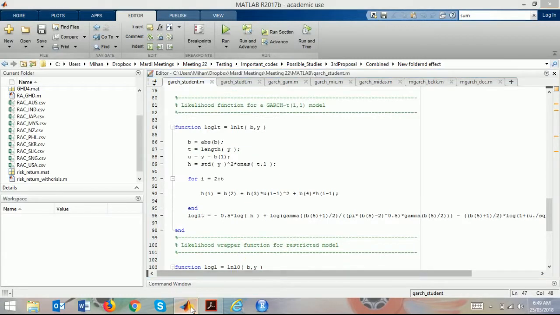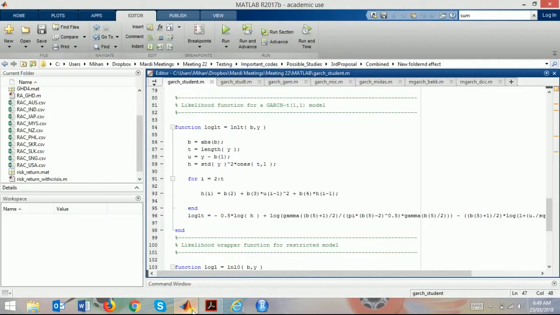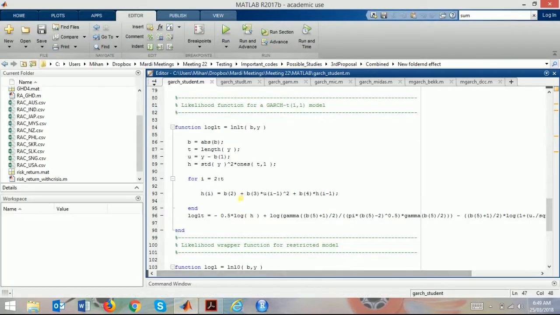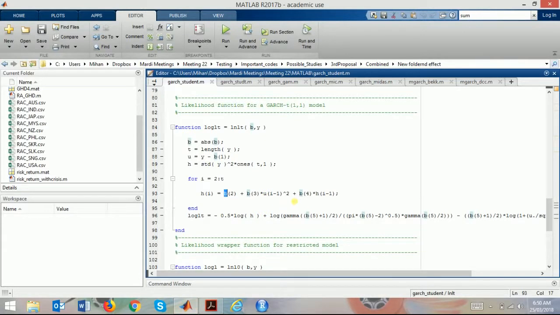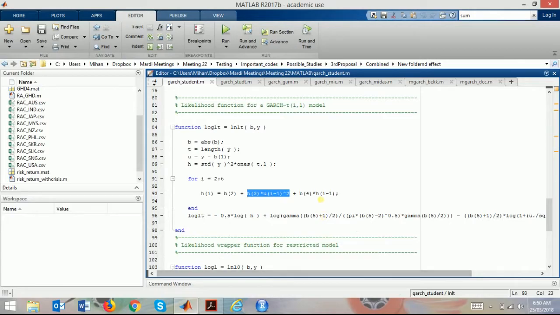Then obviously for i equals 2 to T, that is how it goes. Our GARCH estimate is beta 2, which is alpha naught, plus beta 3 times u(i minus 1) squared, plus beta 4 times h(i minus 1). So the ARCH parameter coming from the residual, and the GARCH parameter indeed.